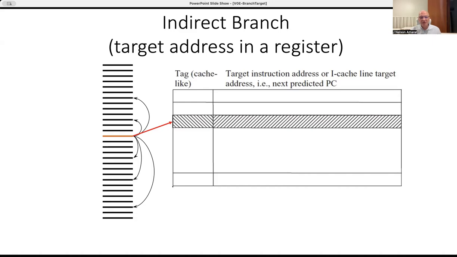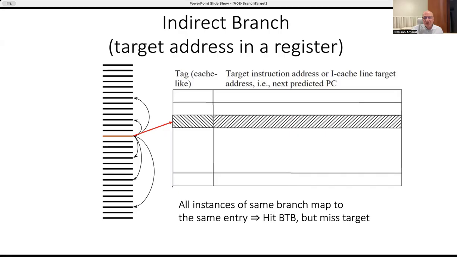Even if I have a simple case where a branch only has 2 targets, I cannot use 2 separate entries in the BTB, or even multiple entries of the BTB, to store multiple targets of the same branch, because the indexing and the tagging of the BTB are based only on the branch address. So all instances of the same branch must map to the same entry in the BTB.